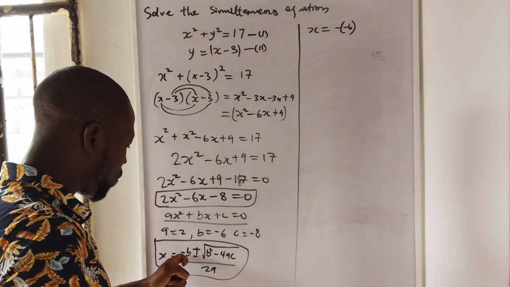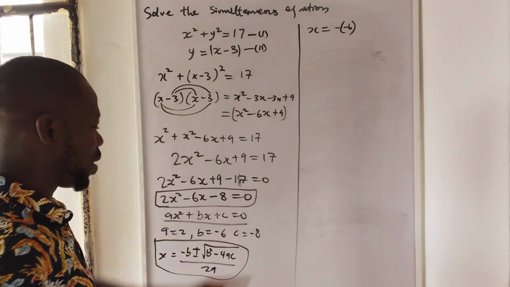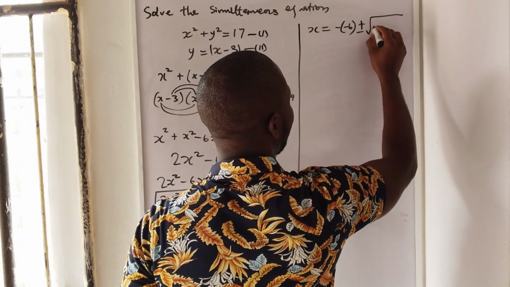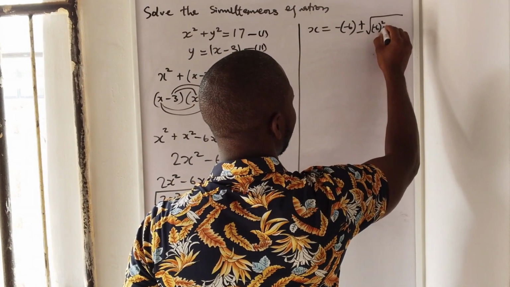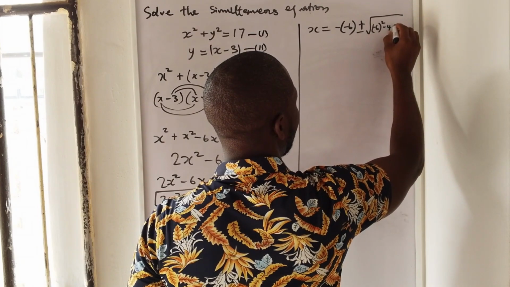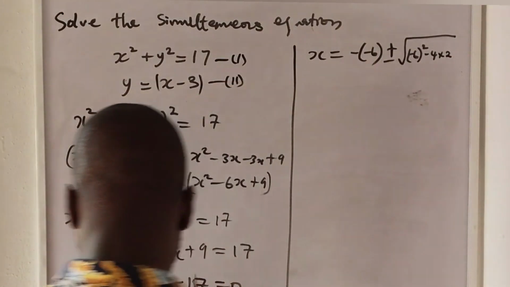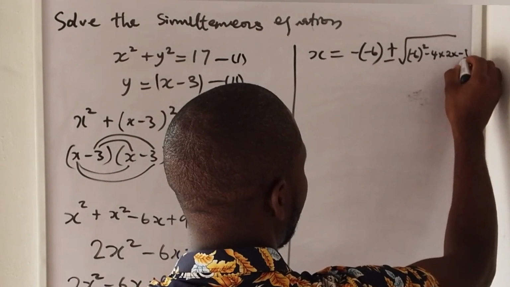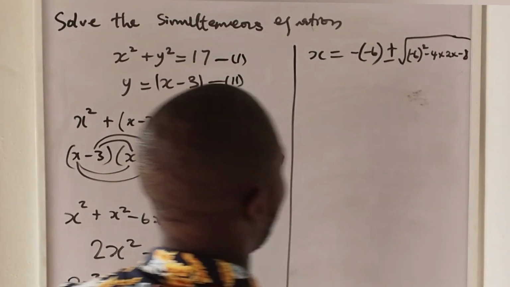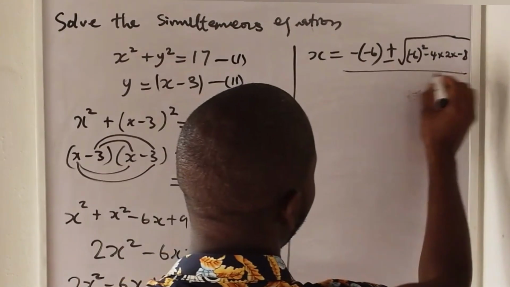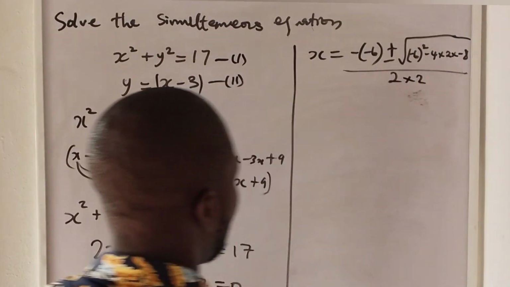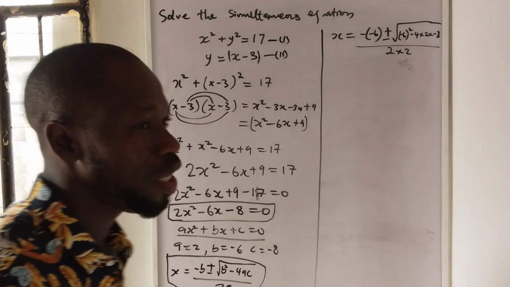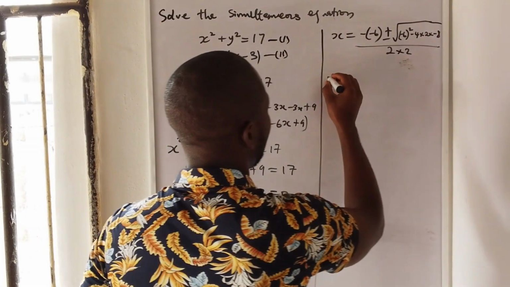So minus, then minus 6, plus or minus square root of b squared, minus 6 squared, minus 4 times a, a is 2, times c, times minus 8, all over 2 times 2, that's 2a. Are we together? All right, so if you are together, kindly give it a thumbs up right there.